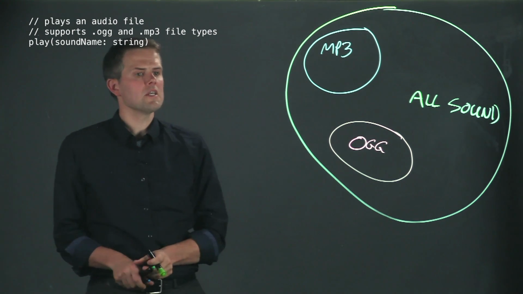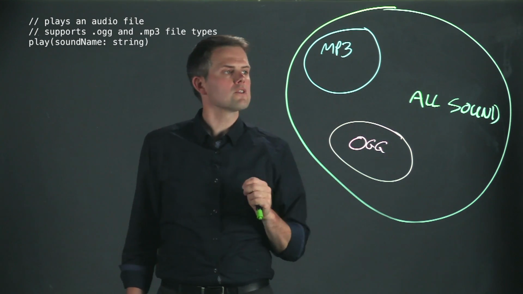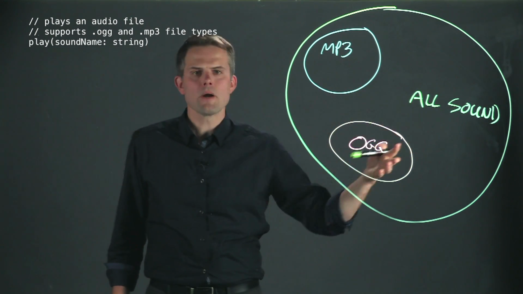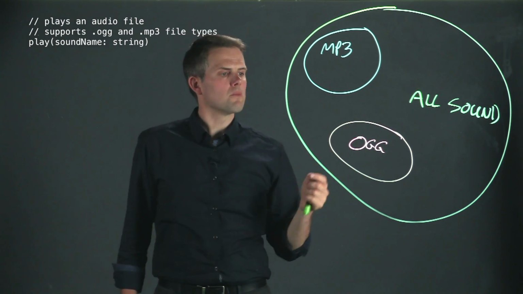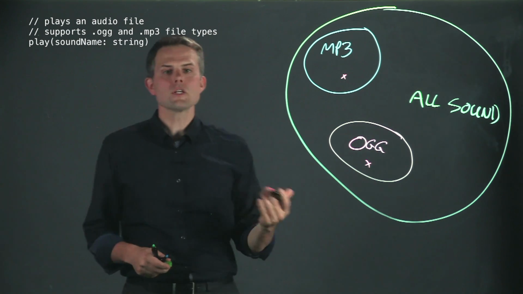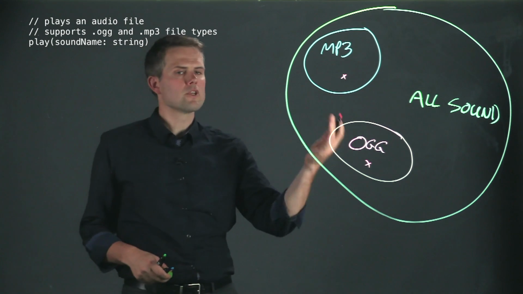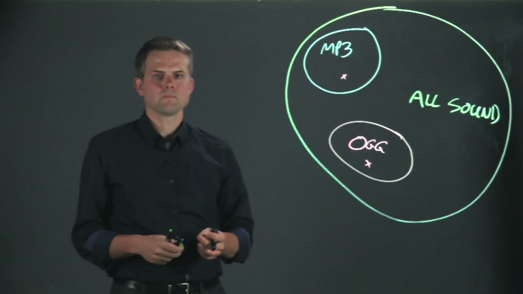So when you're designing your test cases for this system, you don't need to go and test all possible sound files. We don't need to throw in tens of thousands of sound files at this system. What you can just do is say, hey, we're going to run an MP3 file, and we're going to run an OGG file, and we're going to make sure that they actually work. And in that way, we can really cut down this state space for this more complicated functionality.